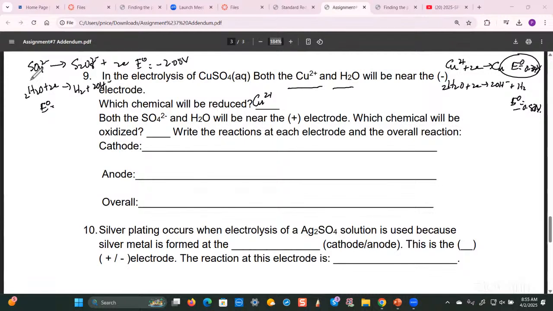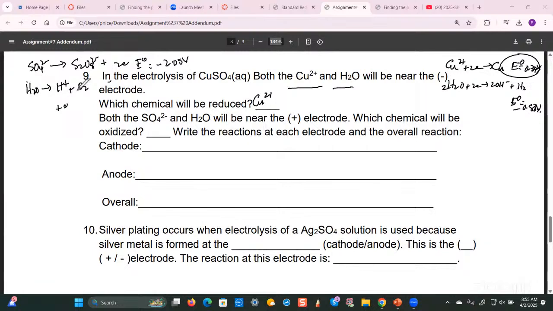No, this should be oxidation. I'm sorry, this should be oxidation. So the equation for that one is H2O to form H plus, plus O2, plus electrons.